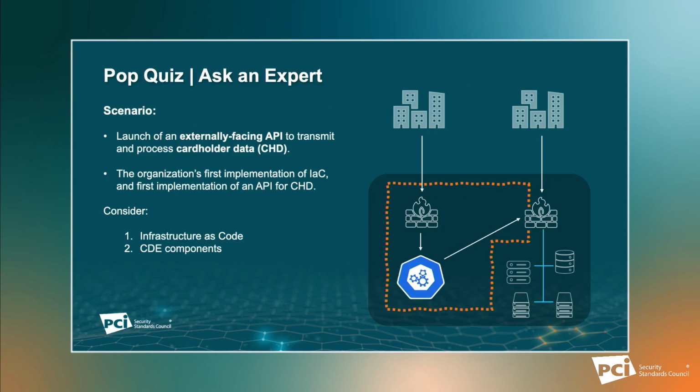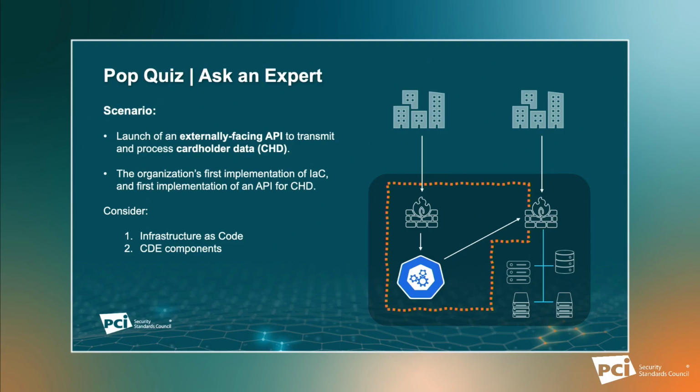Uh-oh. So an organization is launching a new externally facing API to transmit and process cardholder data. This is the first time the organization has implemented infrastructure as code, and the first time they've implemented an API for cardholder data processing. So the organization already securely handles cardholder data and has undergone a recent PCI DSS assessment for those systems and services.